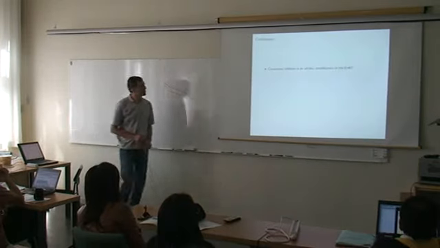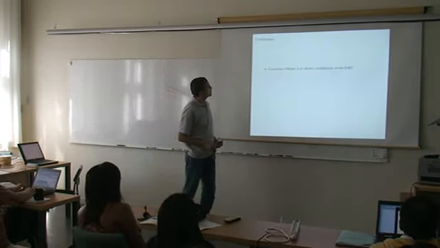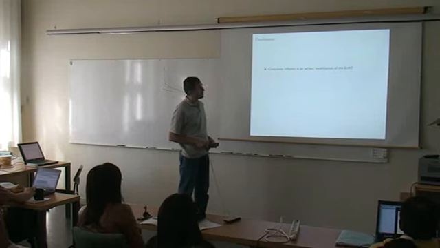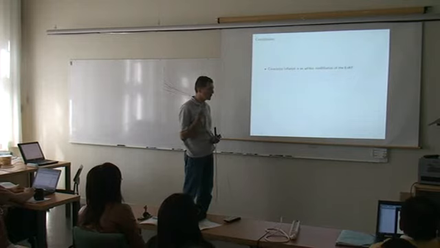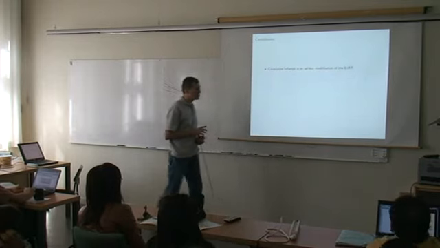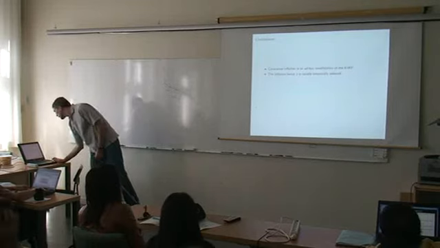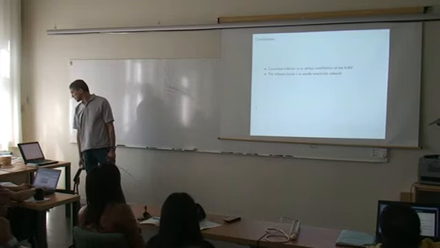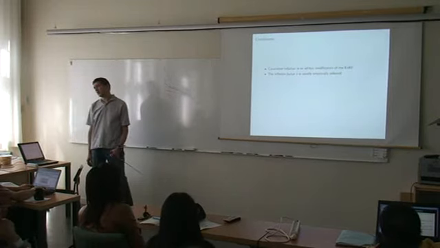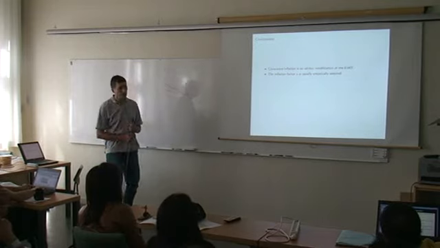Now, the conclusions about inflation are that covariance inflation is an ad hoc modification of the NKF. Some theoretical reasons for inflation are understood, but in general it's ad hoc. The inflation factor is usually empirically selected. Just choose one for your system.